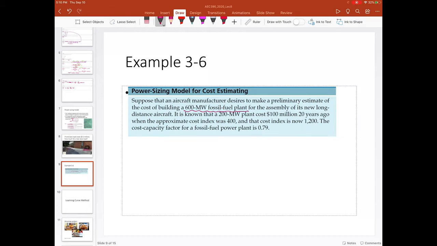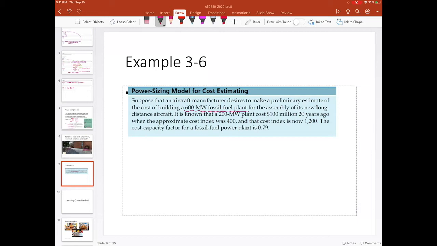So they are building a new project or a site, okay, or a plant. And the size of it, sometimes we use the area as a size, or we can use the number of units as a size. And here we can use the capacity value as a size. So 600 MW is the size of this new plant, okay?